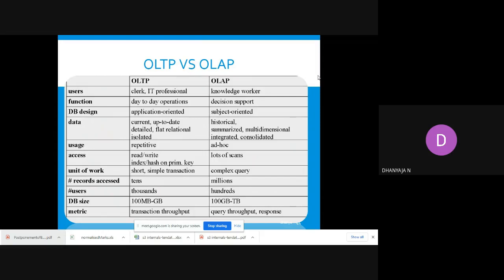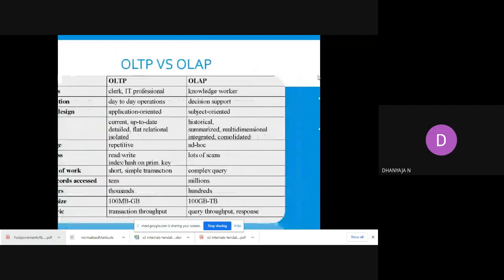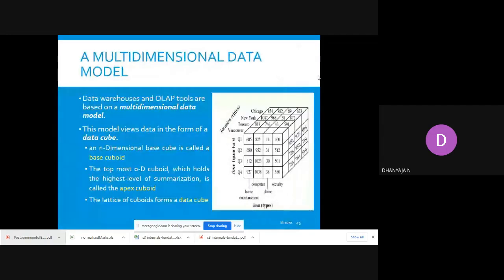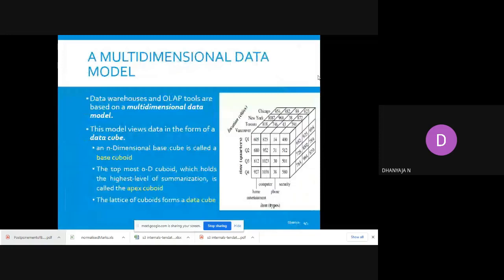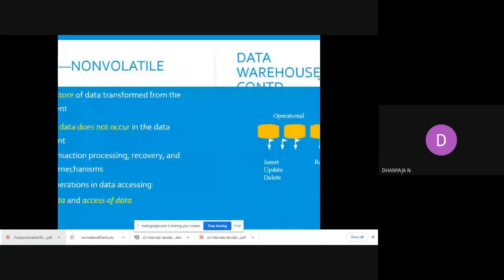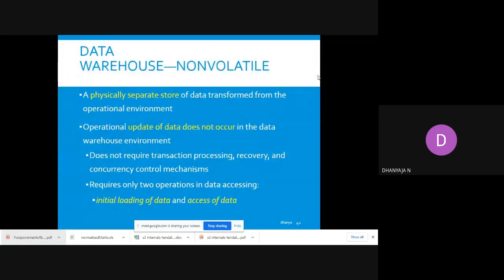Hope this is clear. That's all about the topic of data warehousing. Here, importantly, you have to study what a data warehouse is.